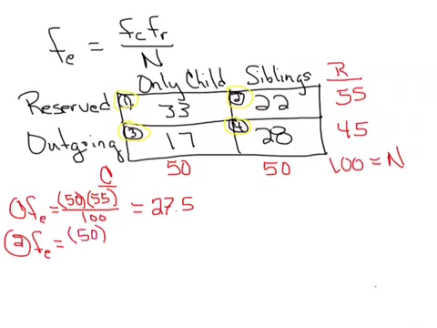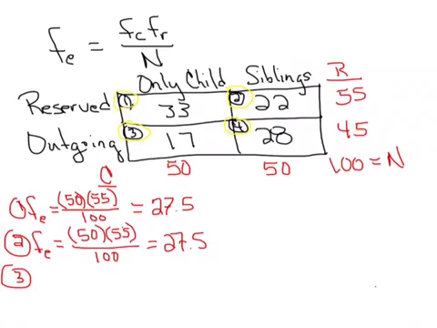50 times 55 divided by 100, and we know that's 27.5. So now we can look at cell 3. So again, when we look at cell 3, here's cell 3, here's its column marginal, here's its row marginal, and here's the n.